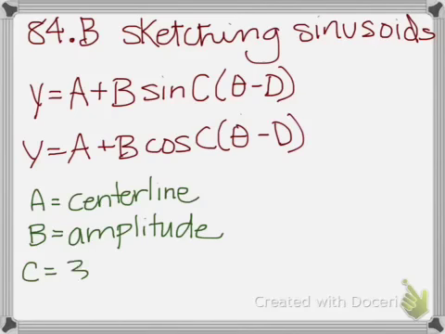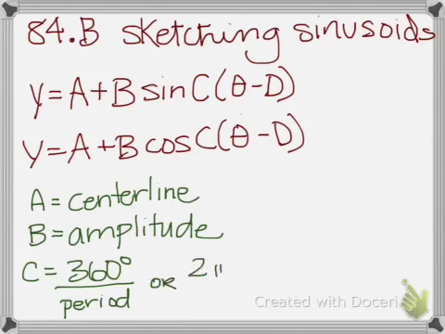Then when we look at C, C has to do with your period. C is 360 degrees divided by the period. Whatever the period is, when you do 360 divided by that, it will give you C. Or it's also 2 pi divided by the period.